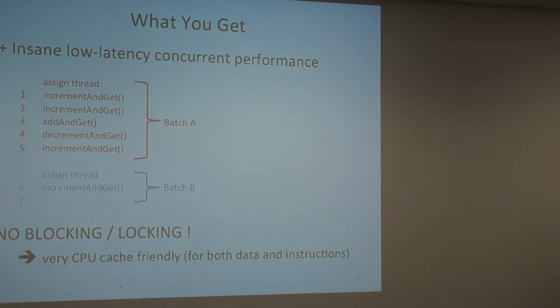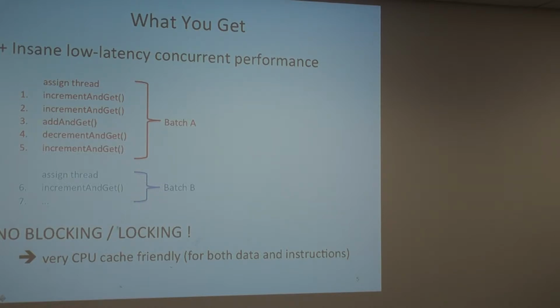Within the batch, you can do them as fast as possible without the CPU core being in the operating system scheduling code, without being in the queue locking code. You're in the code that matters the most, which is your service code. So there are no pauses. Your service is running as fast as possible for one particular batch.